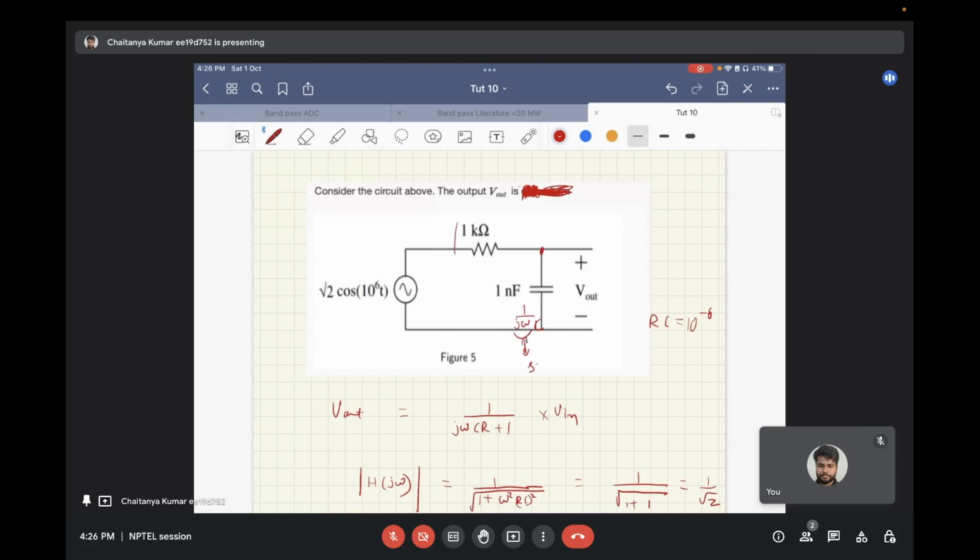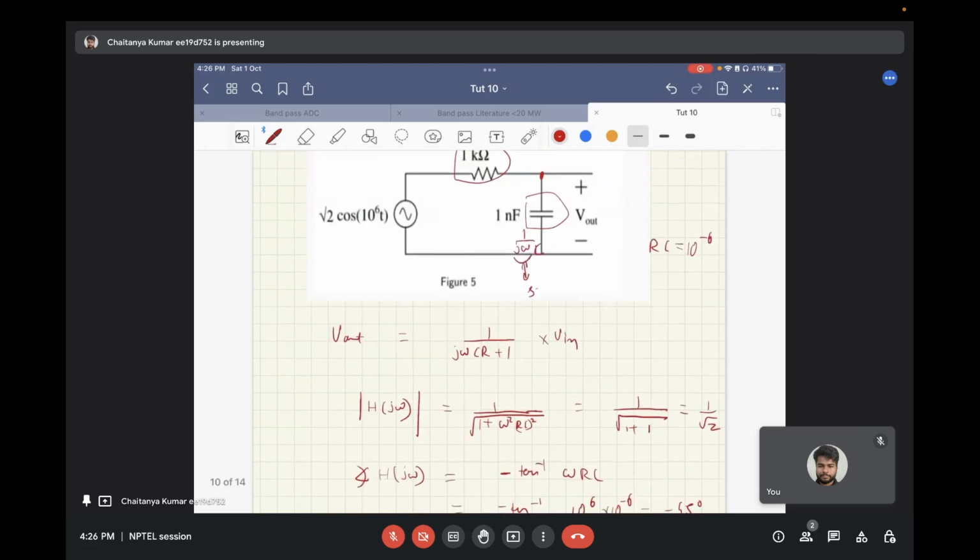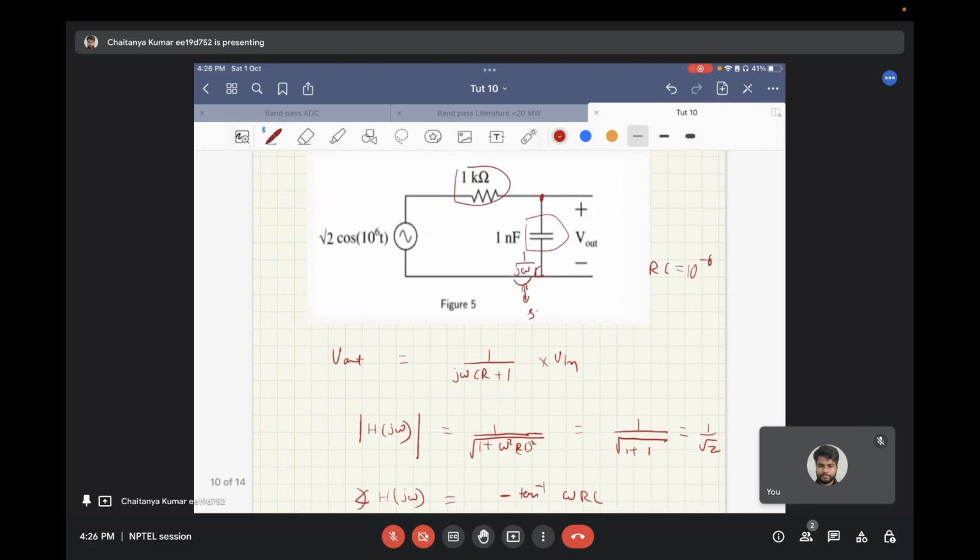The voltage divider between the resistive impedance and the capacitive impedance comes out to be 1 upon j omega RC plus 1 times the input. Now the magnitude is 1 upon root under real part square plus imaginary part square, that is 1 upon root under 1 plus omega square RC square.